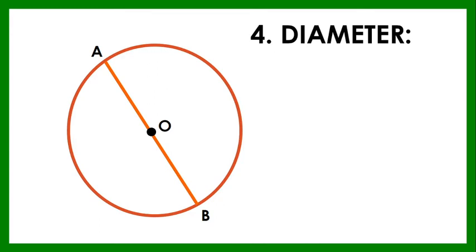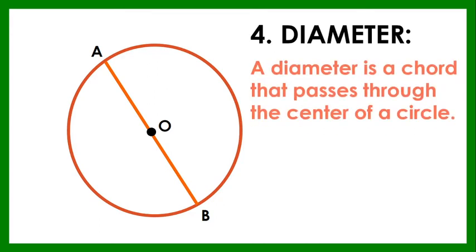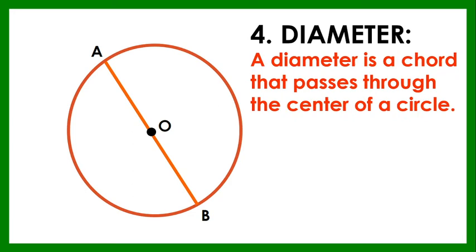Number 4 is what we call diameter. A diameter is a chord that passes through the center of a circle. So as you can see on the illustration, we have point A, we have point B. If you will connect the 2 points, it will create a line segment that passes through the fixed point or center of the circle.